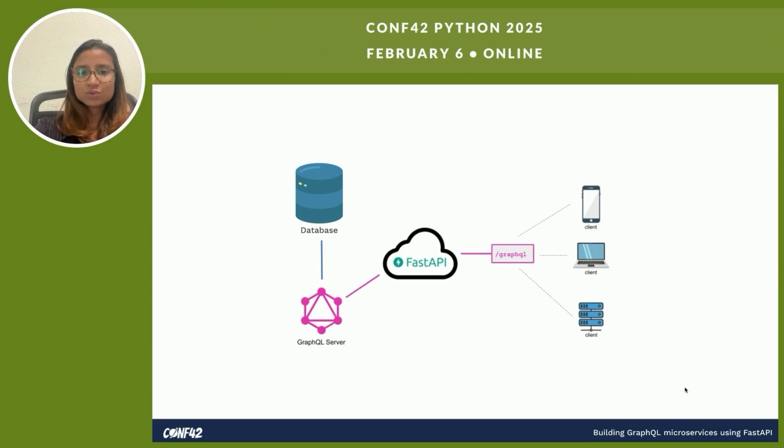And as I have already said, FastAPI has seamless asynchronous support, and this ensures that these database interactions happen quickly and efficiently, making it scalable for modern applications. So this flow illustrates how FastAPI and GraphQL come together to create a powerful, flexible, and scalable microservice architecture.